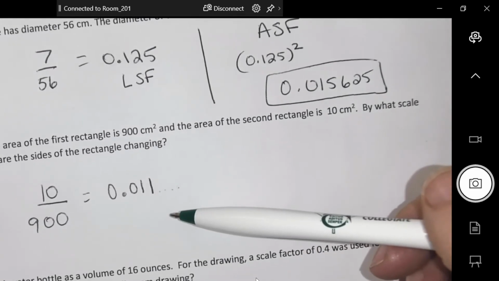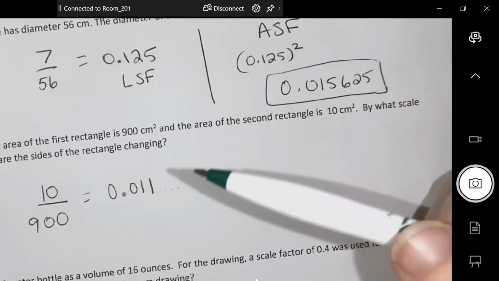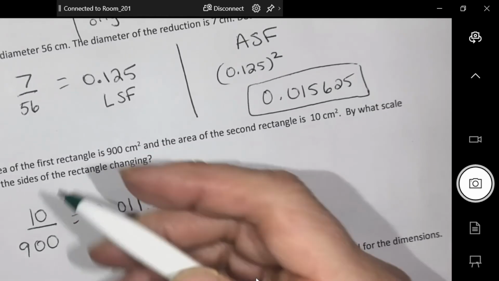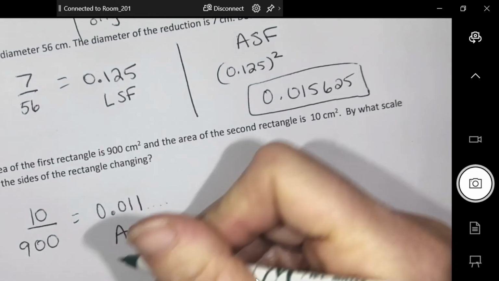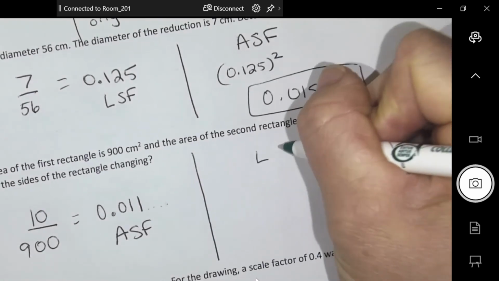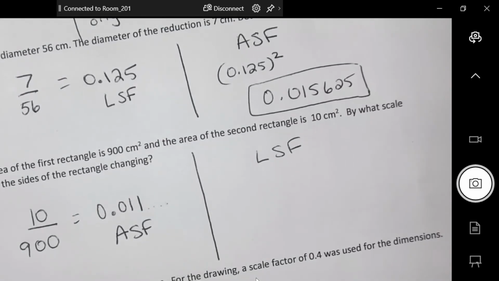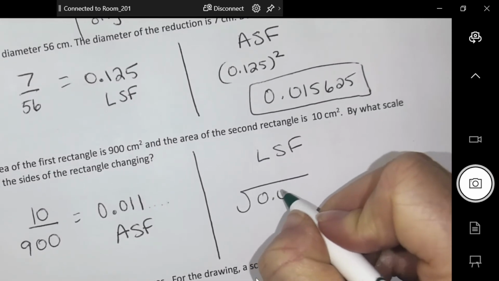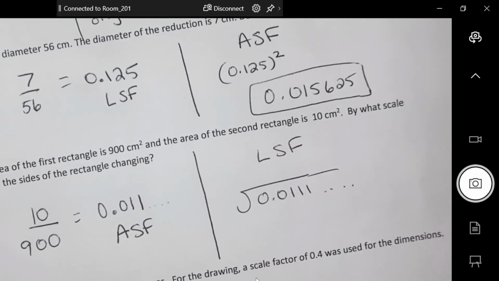What kind of scale factor was I talking about there? That was the comparison of the area scale factor. So how do I go from area to linear? Square root. And do you notice how I'm putting these dots? To me, that's saying I have it on my calculator.